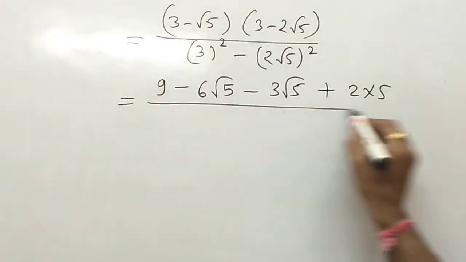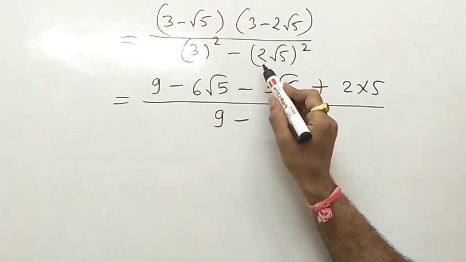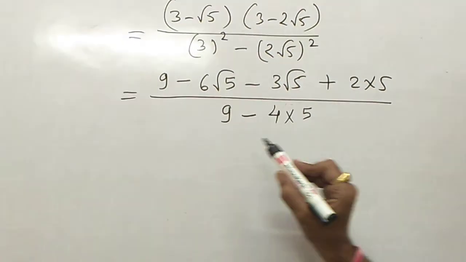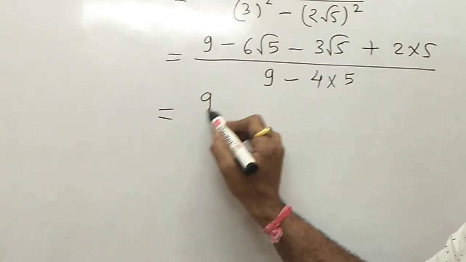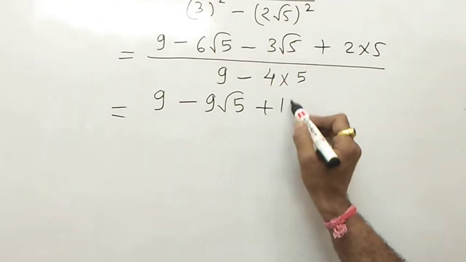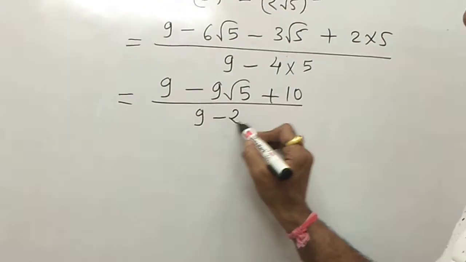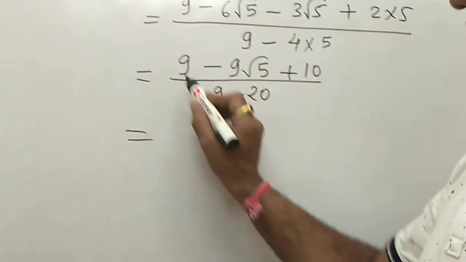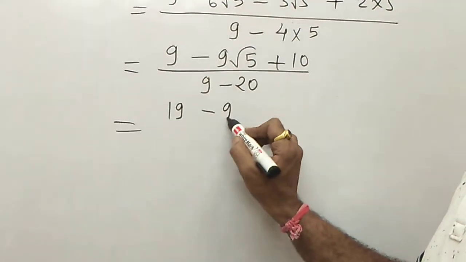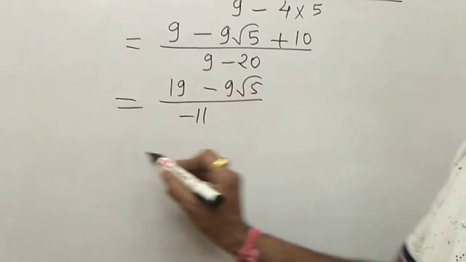The denominator is 3 3s are 9 minus, because 2 square is 4 and root 5 square is 5. So you have 9 minus 9 root 5 plus 10 upon 9 minus 20. And 9 plus 10 is 19, and minus 9 root 5, here you have minus 11.